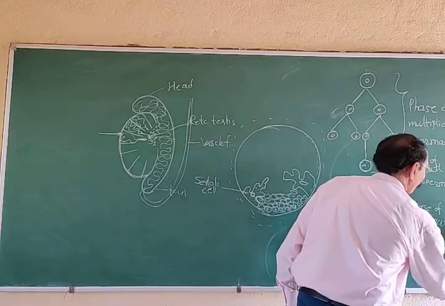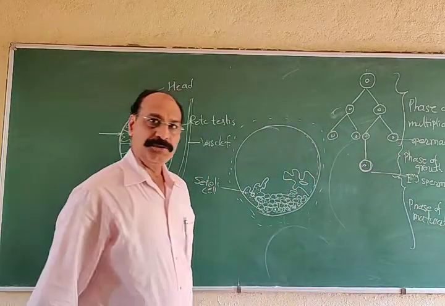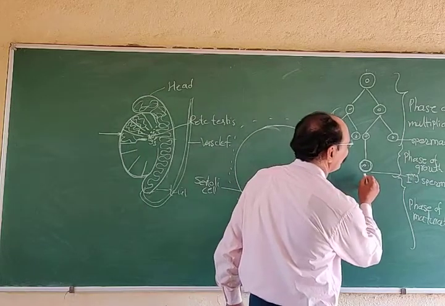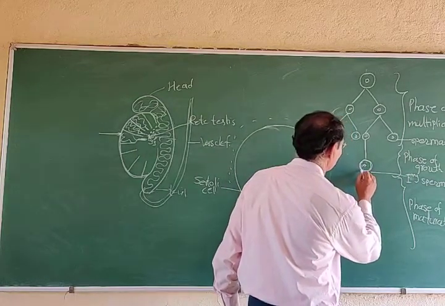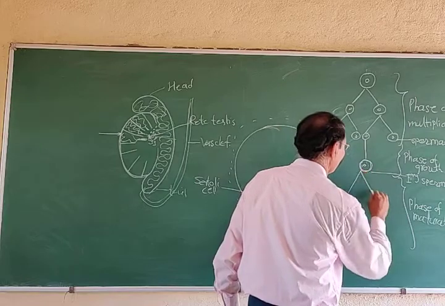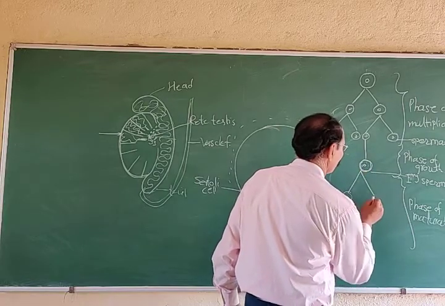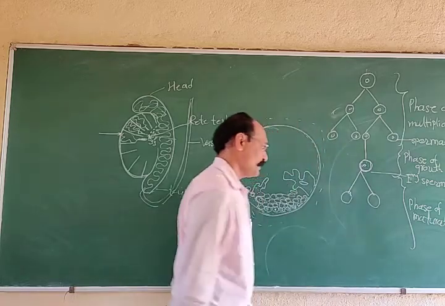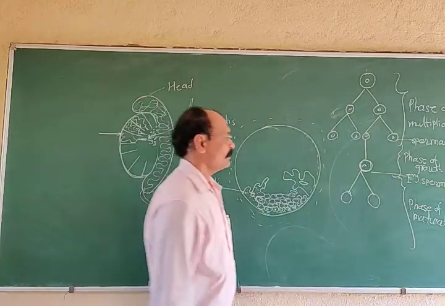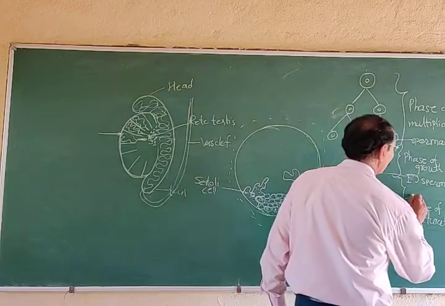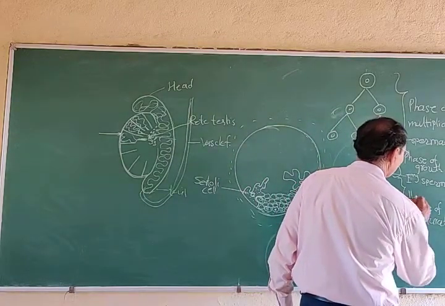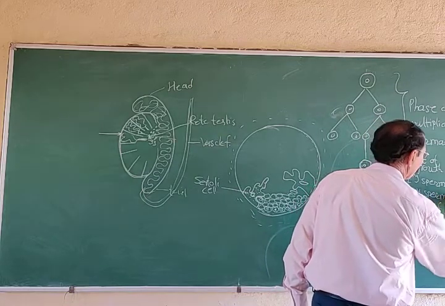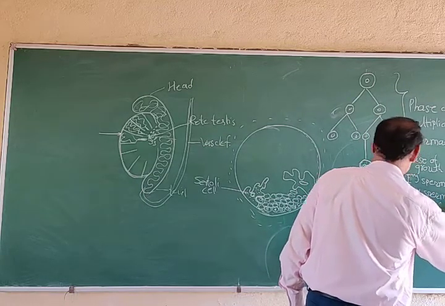Phase of maturation. Into this phase of maturation, the cell, that is the primary spermatocyte, undergoes division, so that two smaller cells are formed, which are called the secondary spermatocytes.